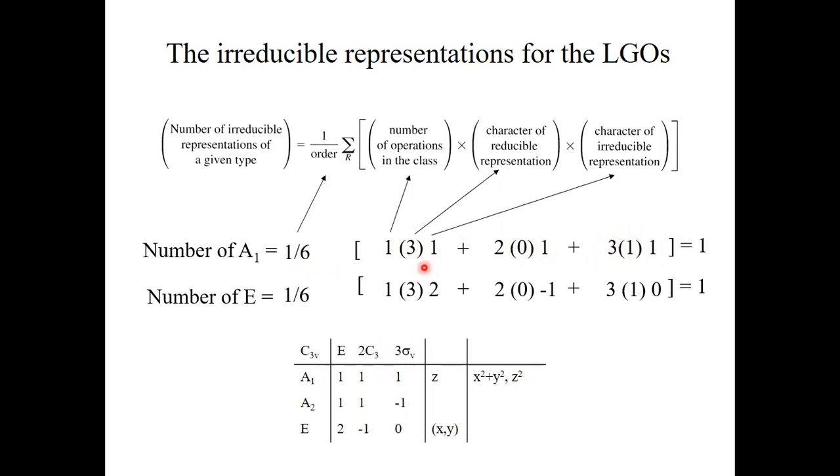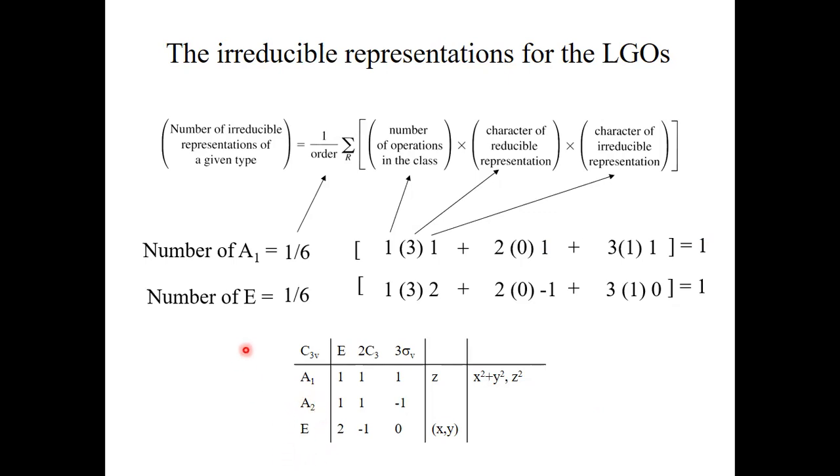So this here gives 6, and 6 over 6, well, that gives 1. So now we have found the symmetry type for the first of the 3 ligand group orbitals that we were looking for, and that symmetry type is A1. So now we need to do the analogous calculation also for the symmetry types A2 and E.